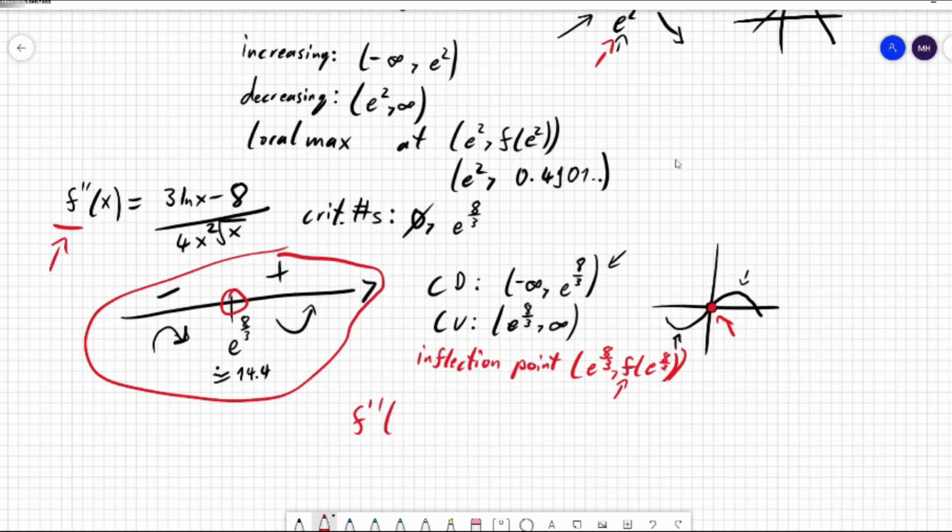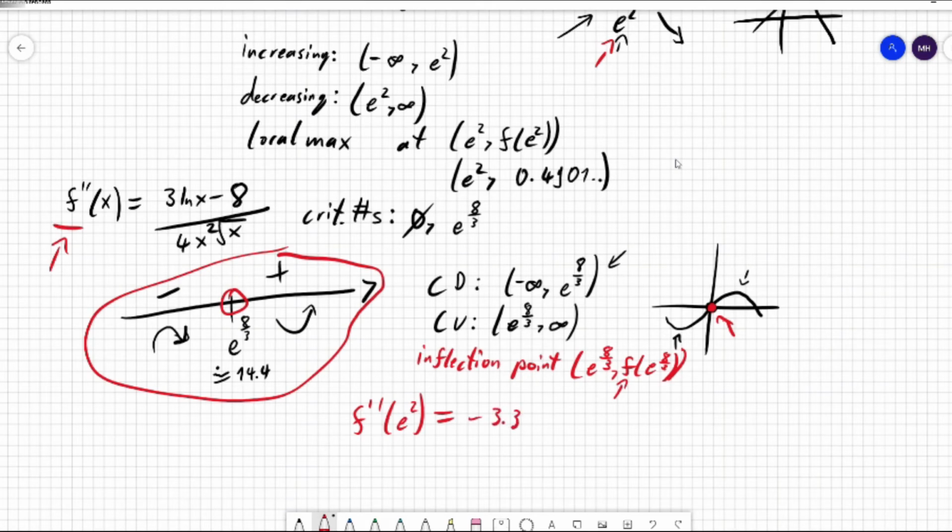So you could just do f double prime of e squared equals 3 ln e to the power of 2 minus 8 over 4 times e to the power of 2 squared times root of e to the power of 2, and that is a negative value.